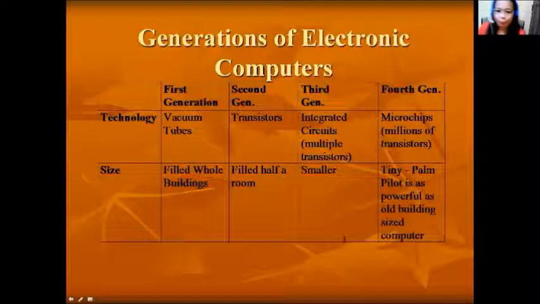Okay? So the vacuum tubes filled whole buildings, while the transistor filled half a room. The third generation is smaller, which is the IC, and the fourth generation microchip's tiny Palm Pilot is as powerful as the old building-size computer. Okay, so this is to summarize the discussion before.